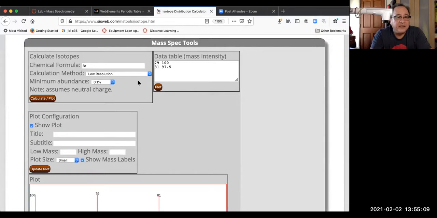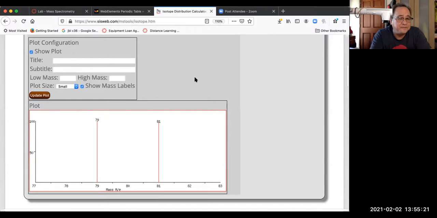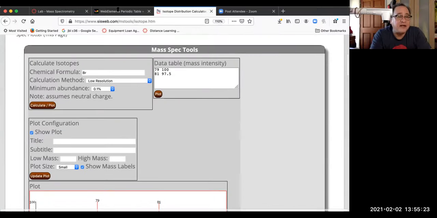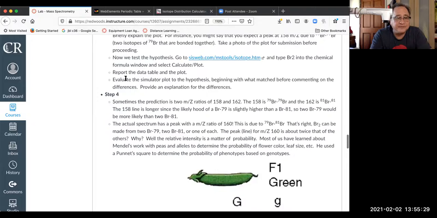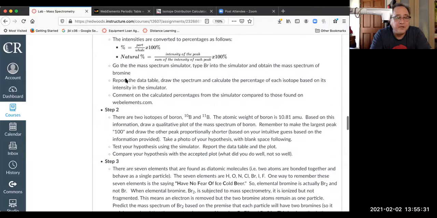Now, here in the middle of the page, do you see the data table, mass and intensity? Yep. And the plot is below. So let's go back to the lab so that we can write the stuff into our lab notebook, because that's what we're going to do. So we're still on step 1.